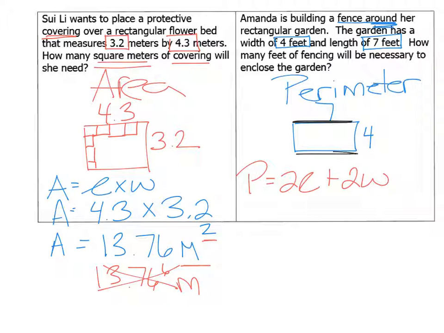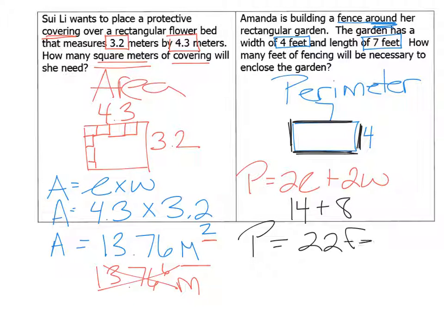Another way to do this is 2 groups of 7 is 14. This is 4, which is our width. 2 widths would be 8. My perimeter is equal to 14 plus 8. So I've got 22 feet.